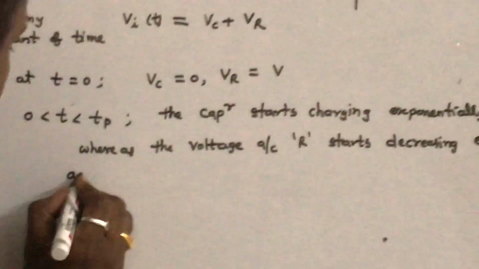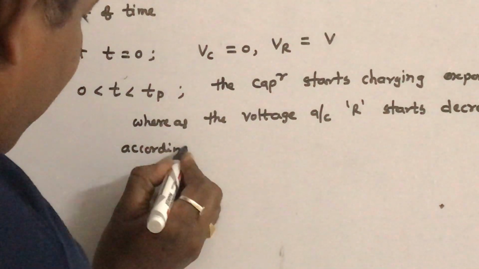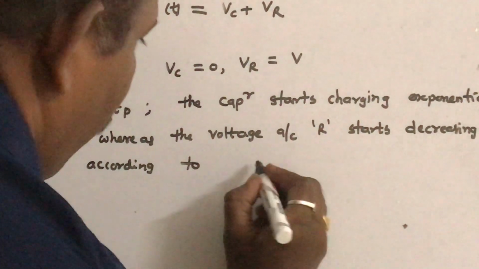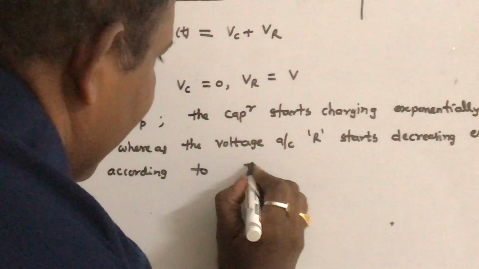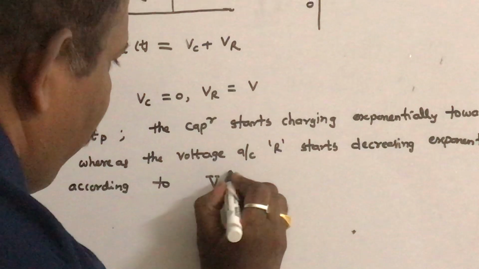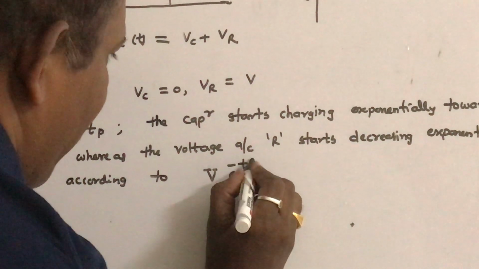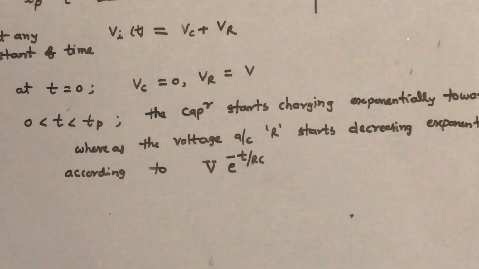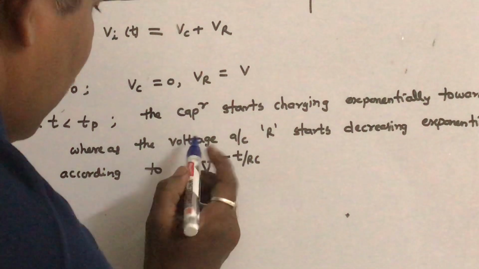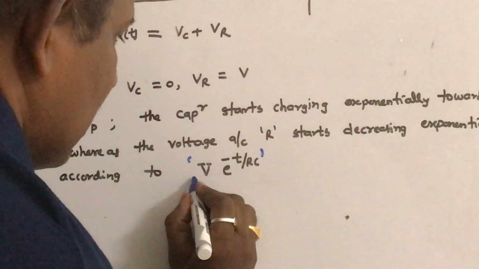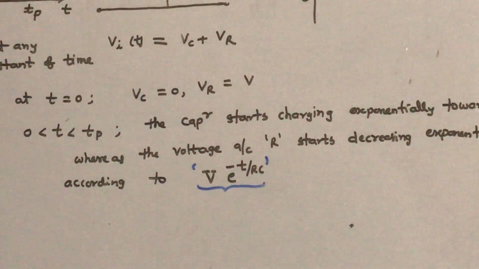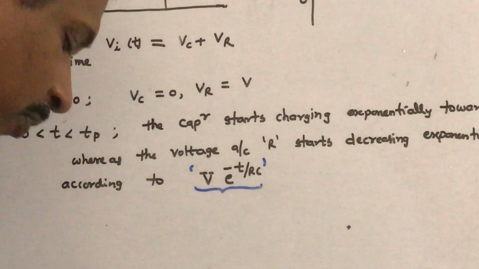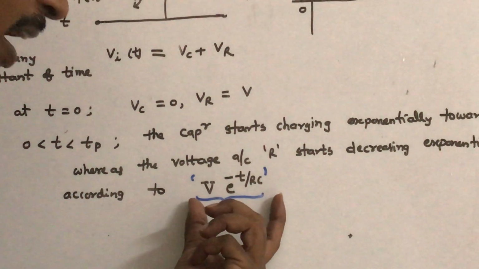As you know the formula, what is the exponentially decreasing voltage waveform? The mathematical expression is e power minus t by RC. With respect to this equation, the voltage across the resistor decreases. As you know, from the step input voltage we have derived this equation.